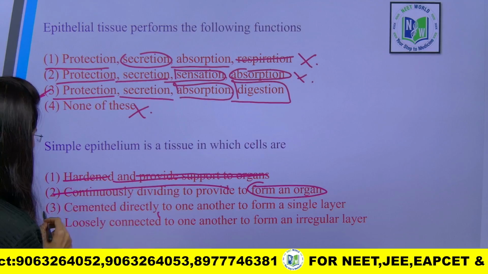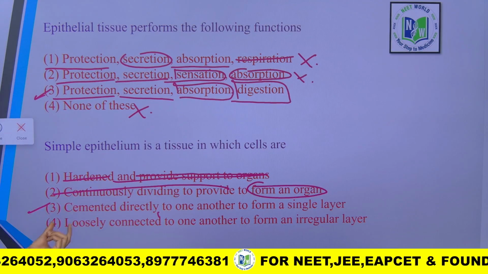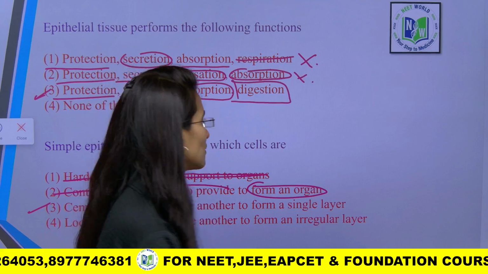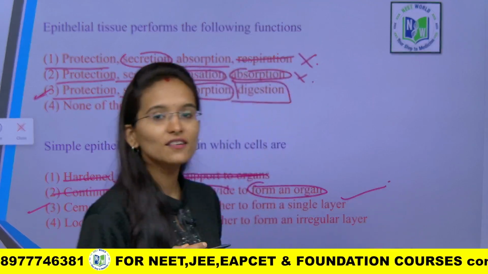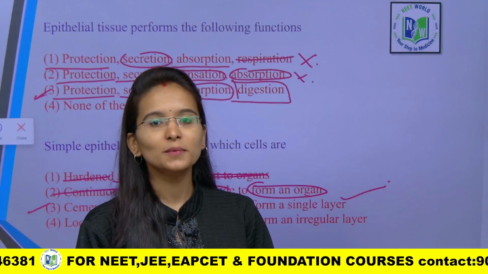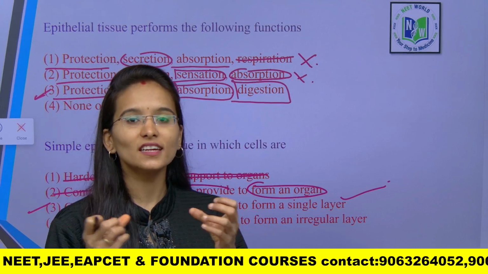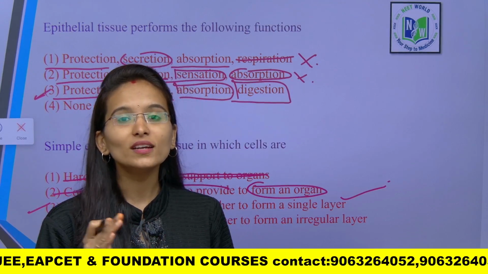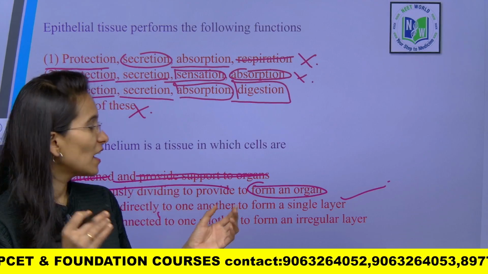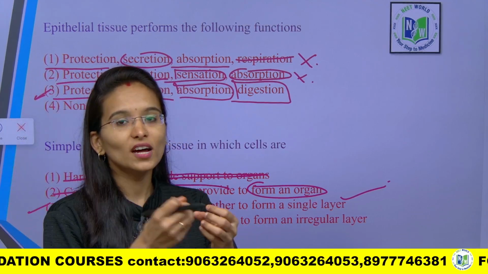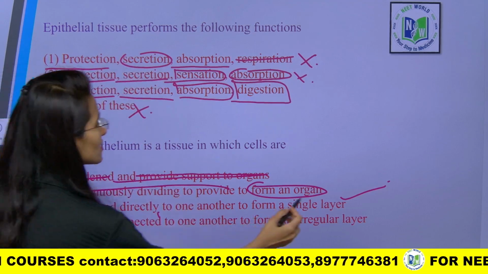Next, coming towards option 3: cemented directly to one another to form a single layer. This will be the right option, as we have seen that in the simple squamous epithelial tissue, all the cells are present on the basement membrane. All these cells are aggregated closely without any intercellular spaces, and each cell contains a nucleus. So, these are linked with one another to form a single layer.